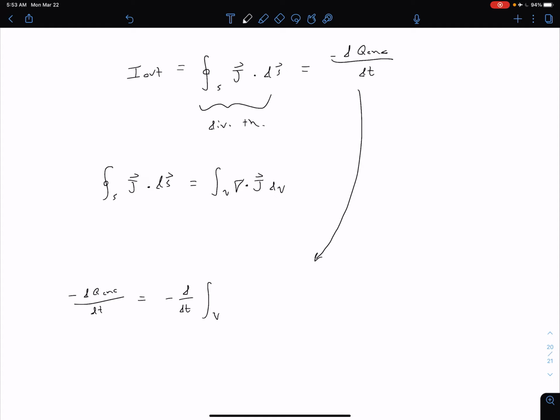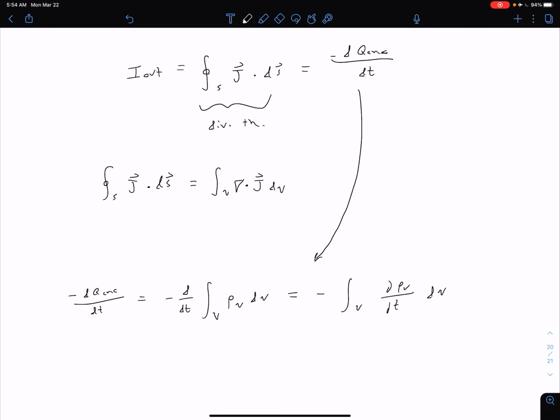So Q enclosed is the volume integral of rho v dv. Now I'm going to move this d dt inside, making it a partial derivative of our rho v. So we have negative the volume integral of the partial of our volume charge density with respect to t times dv, our differential volume.